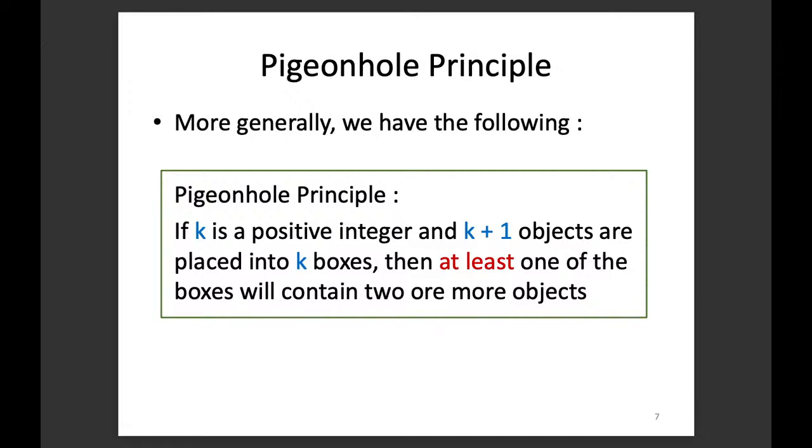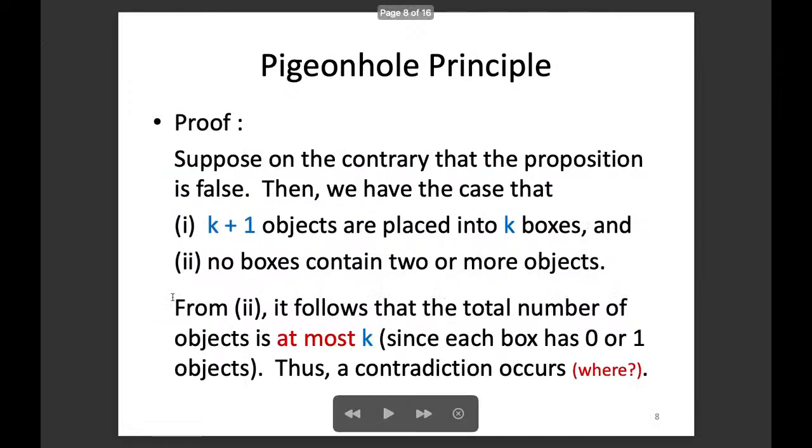If we assume that this is false, then when the k plus 1 objects are placed into the boxes, no box contains 2 or more objects. So each box contains 0 or 1 object. Now, if each box contains 0 or 1 objects, what does that mean? It means that the total number of objects is at most k.